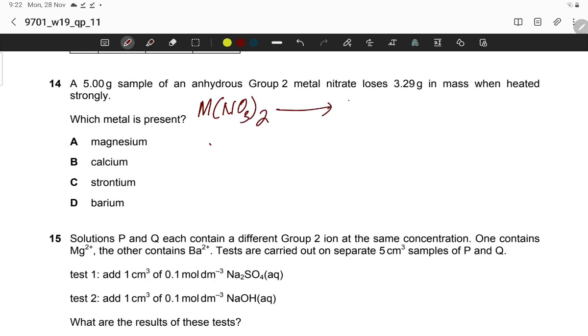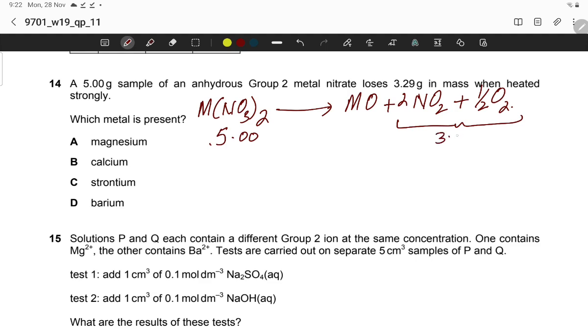It decomposes to form MO plus NO2 plus oxygen, with 2 and a half. So the 5 gram is the mass and this is the loss in mass, 3.29 gram.